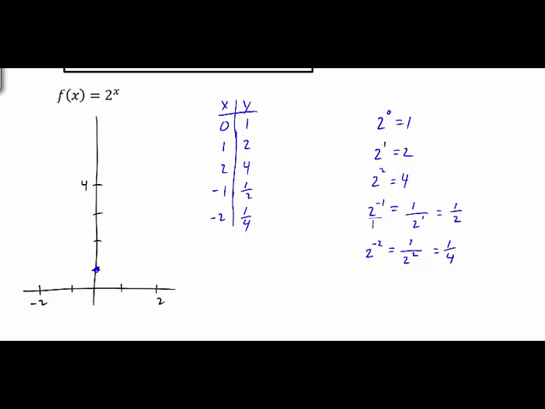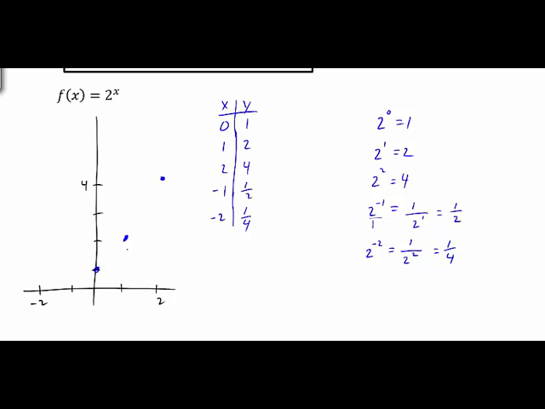At x equals 1, y is 2, so here at 1 we're up 2. And when x is 2, y is 4. Let's make sure I did this right. At 1, we're up at 2. That should be here. If you notice this curve, the graph is going up very rapidly.